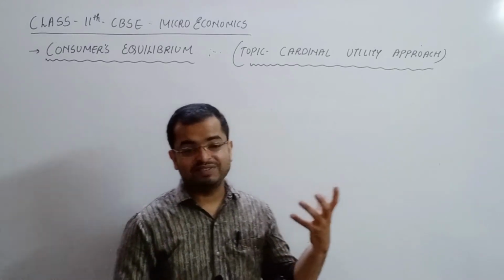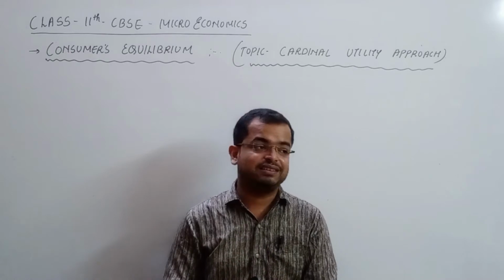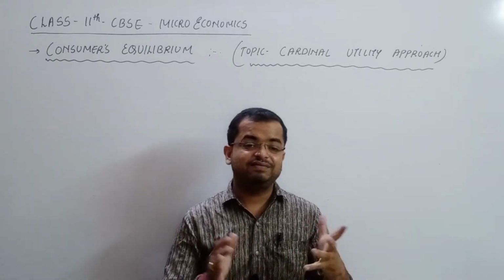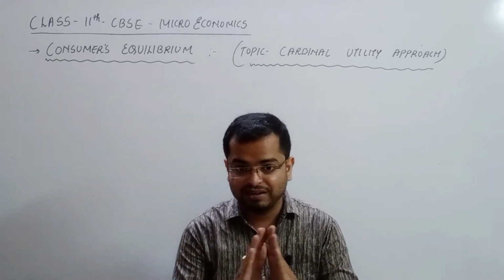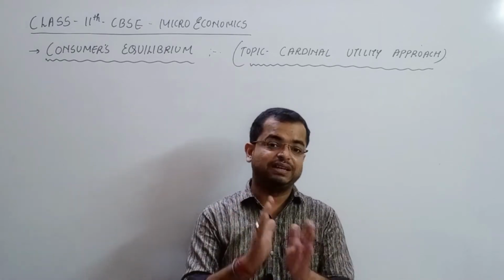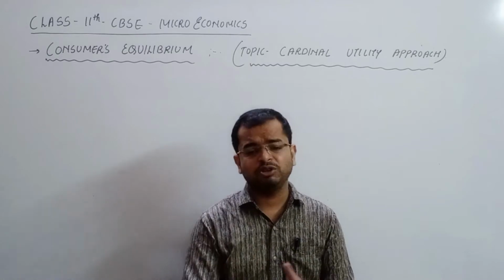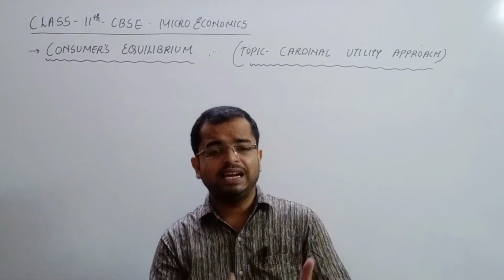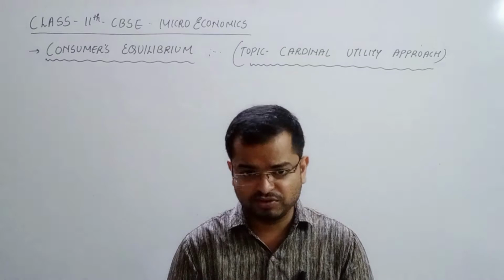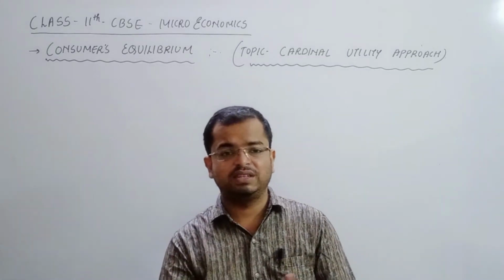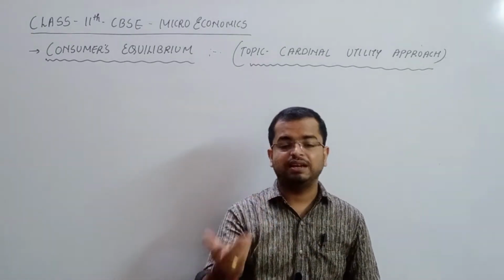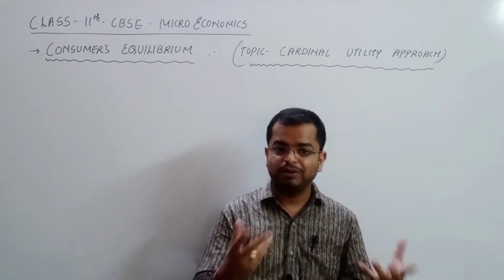But for utility there is no particular unit available to calculate the amount of utility. That's why in economics they have invented different forms for the calculation of utility. That also we will see after a few minutes.